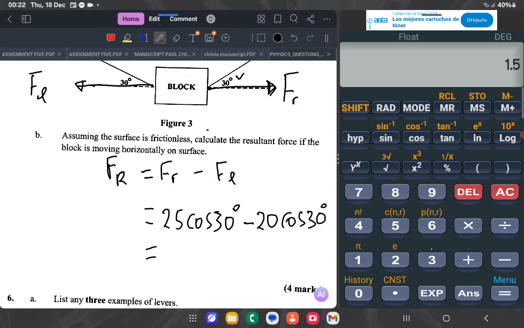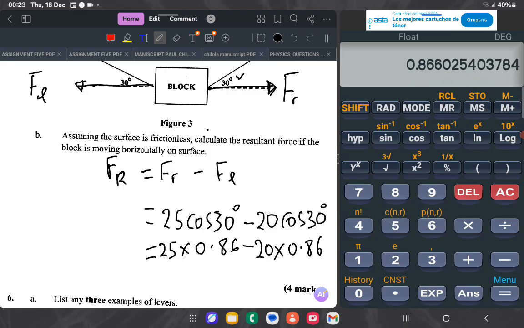We shall have 25 times 0.86, I think, minus 20 multiplied by 0.86 again. Just be sure, what's cosine of 30? Cosine of 30 degrees is 0.866, yeah.